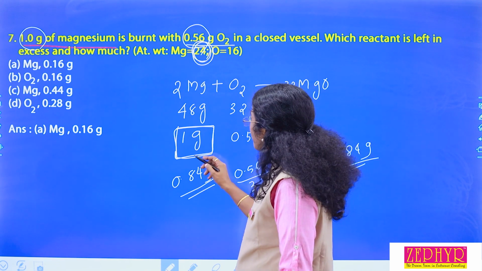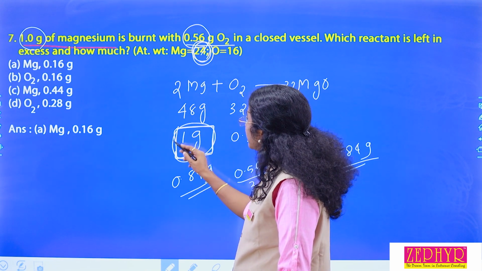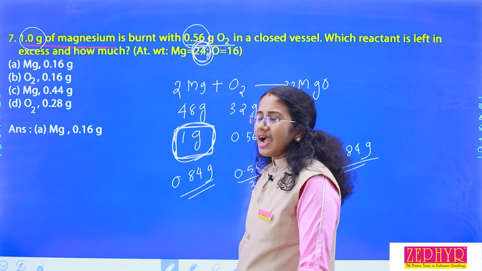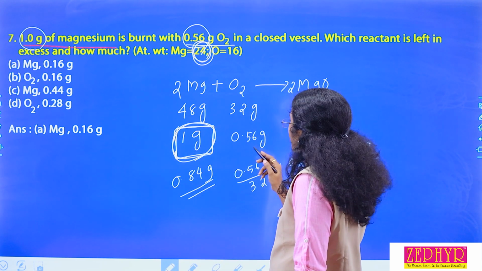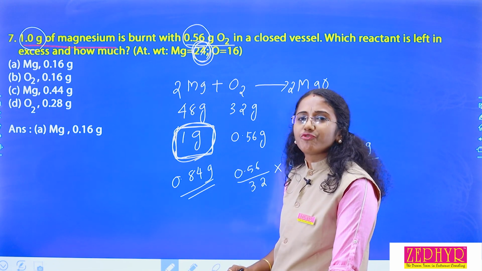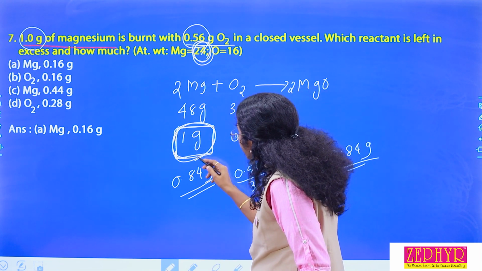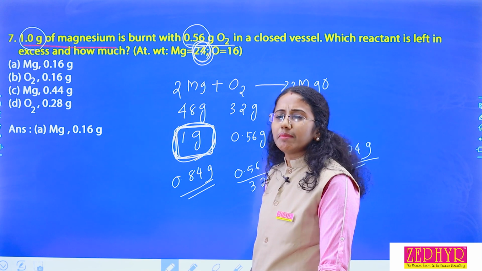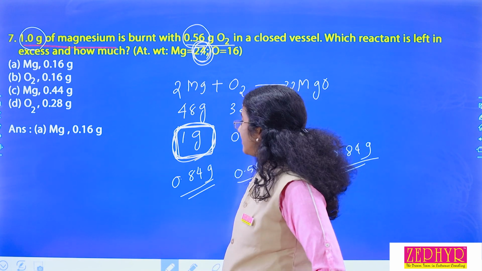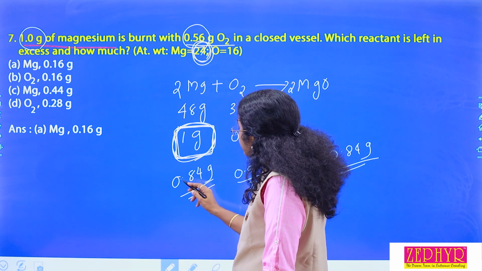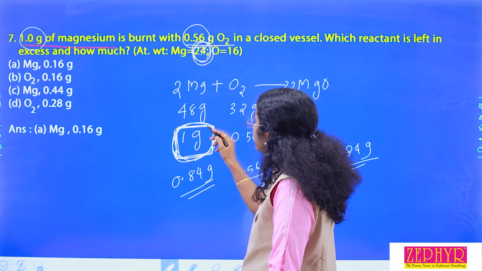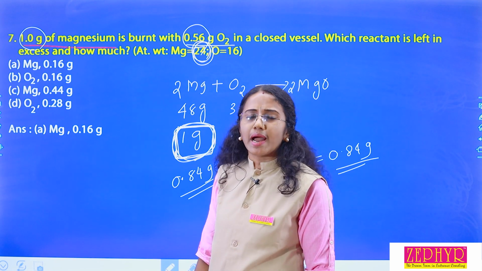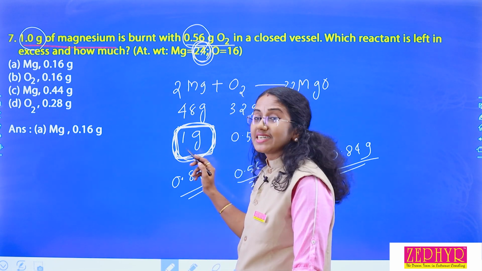But here how much is taken? 1 gram. So this is the excess, right? Actually 0.56 combines with 0.84 only. Here 1 gram is given, so the amount is excess.